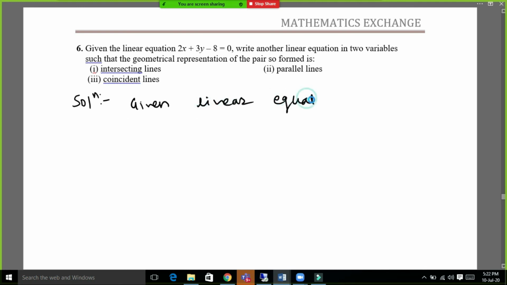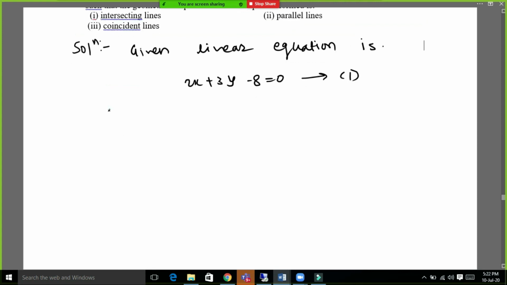Given linear equation is 2x plus 3y minus 8 equal to 0. This is the first given linear equation, and for this we have to form another linear equation that represents intersecting lines, parallel lines, and coincident lines. So first, we know that for intersecting lines the condition for the ratio is a1 upon a2 is not equal to b1 upon b2.